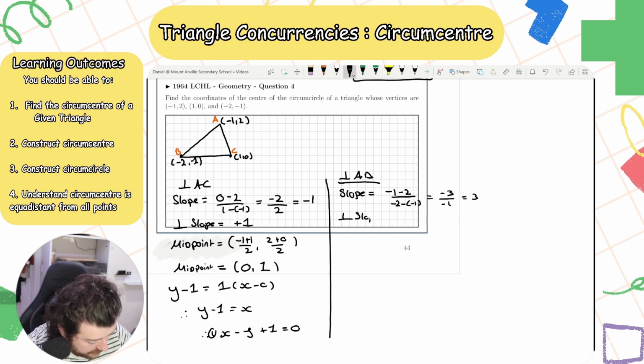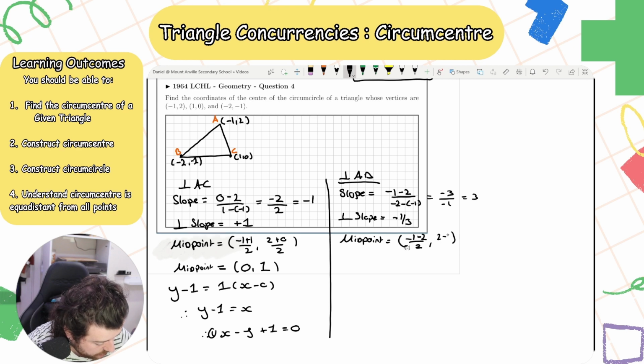Therefore, my perpendicular slope is going to be minus 1/3. Then let's find my midpoint. My midpoint is going to be minus 1 minus 2 divided by 2, and 2 minus 1 divided by 2. That's going to be minus 3 over 2 and 1/2.